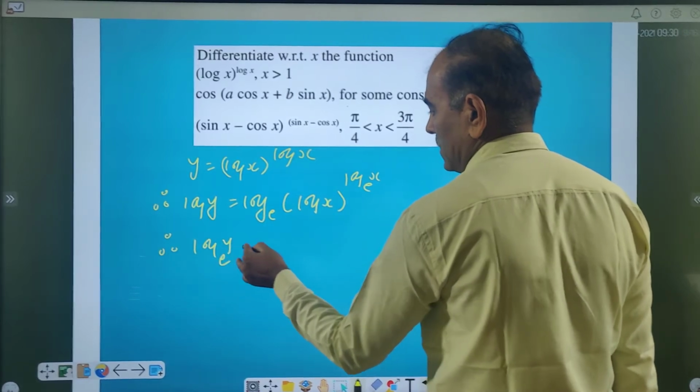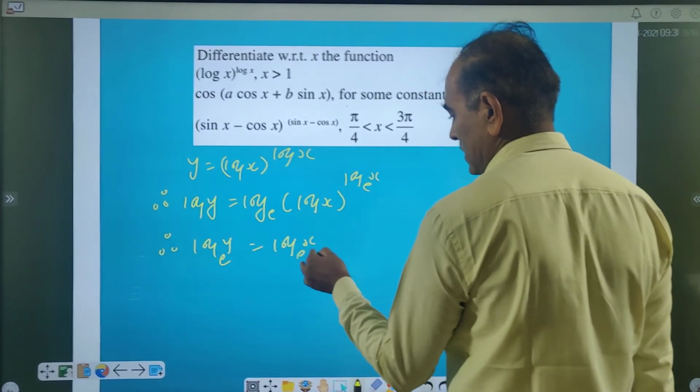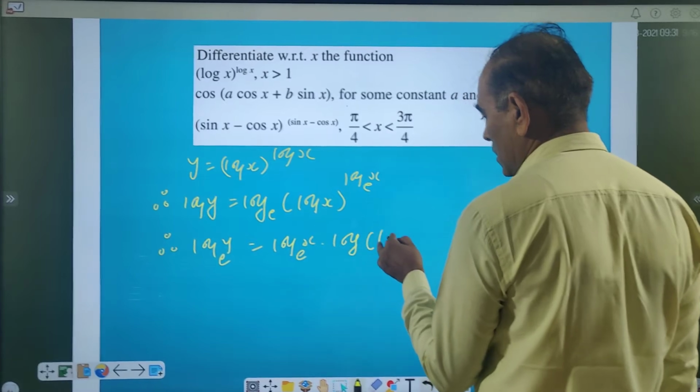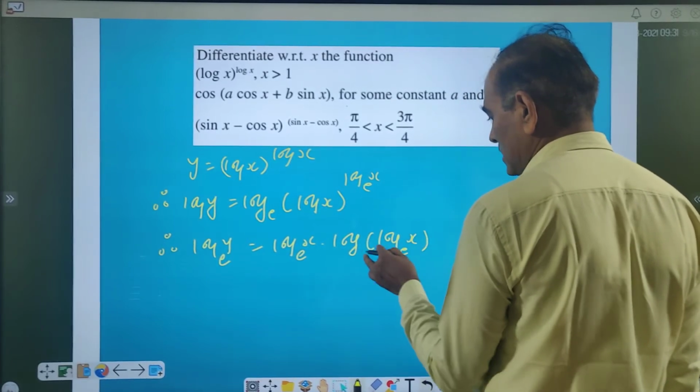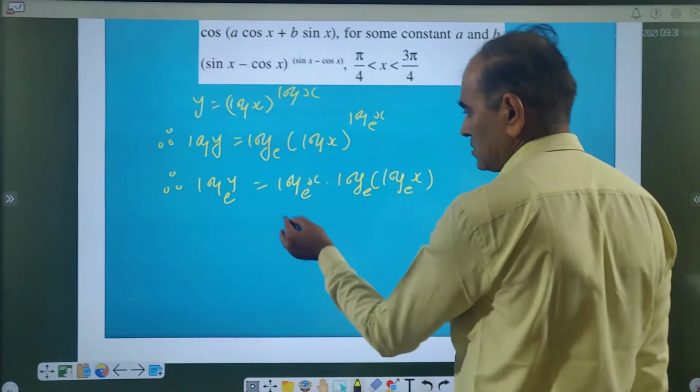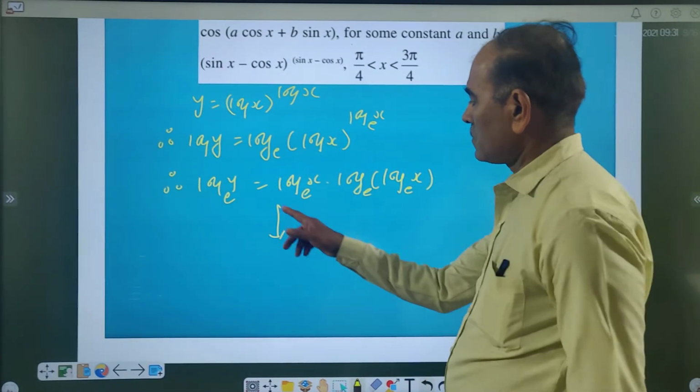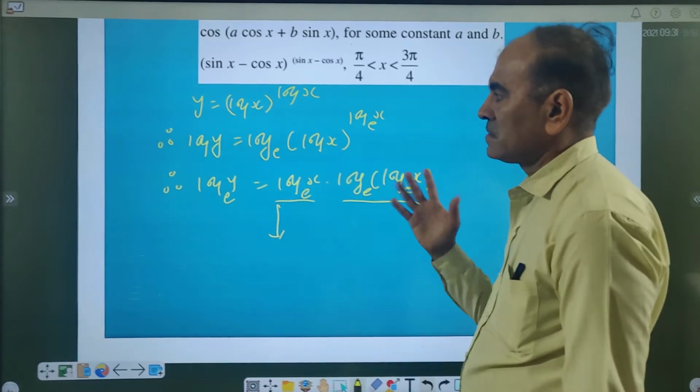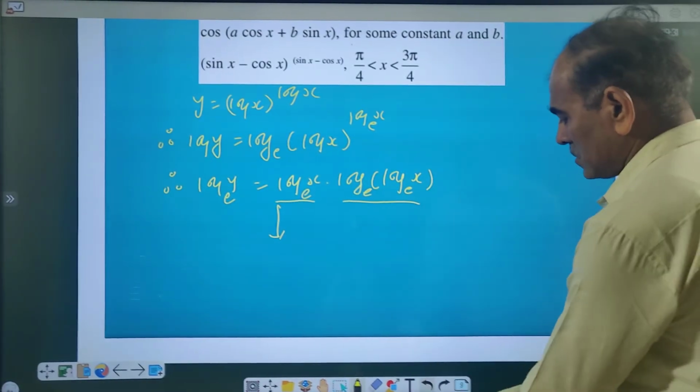And therefore log y base e is equal to log x base e into log of log x base e. Now it is very easy to differentiate it. Here you have to apply the product rule, isn't it? Very easy, so you can do it.